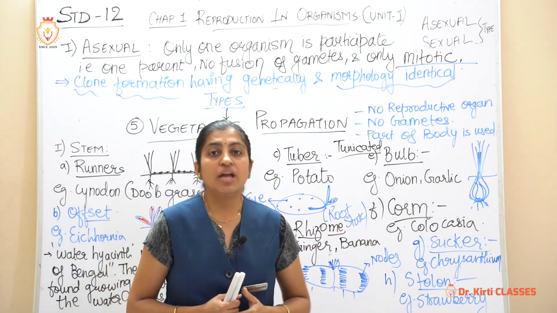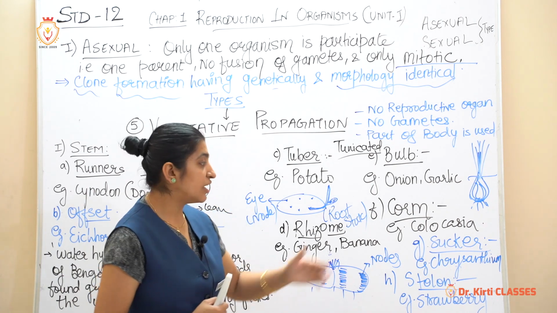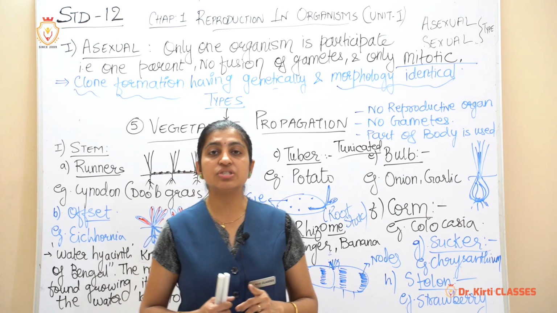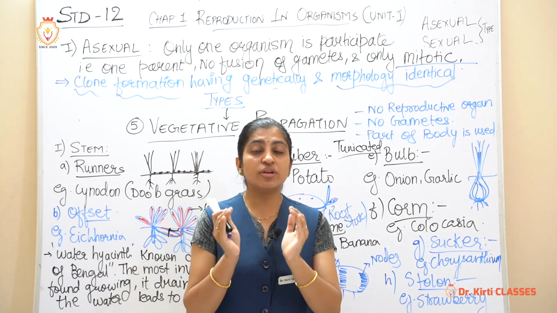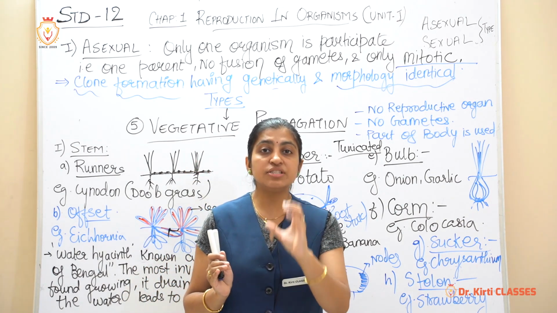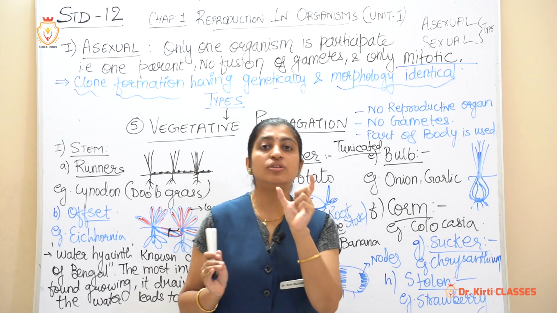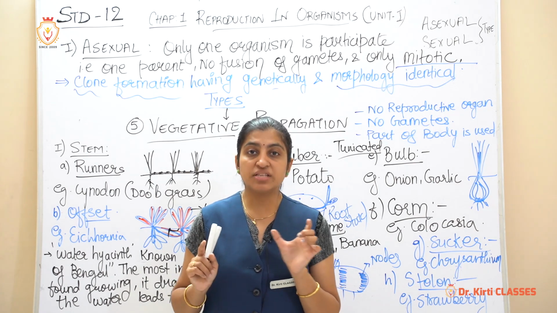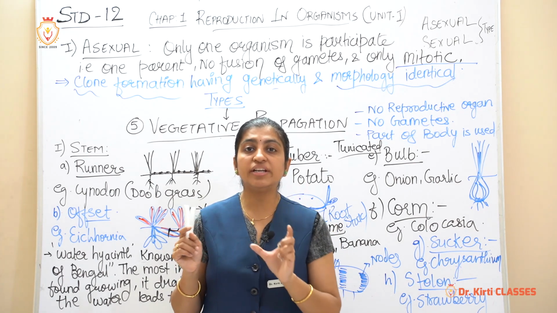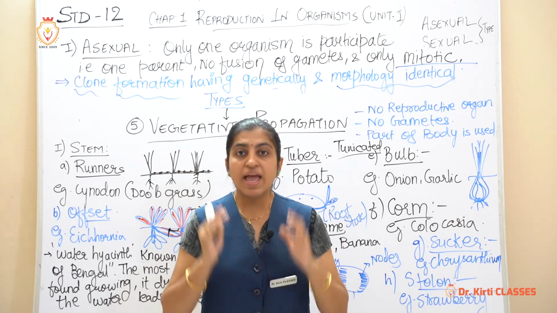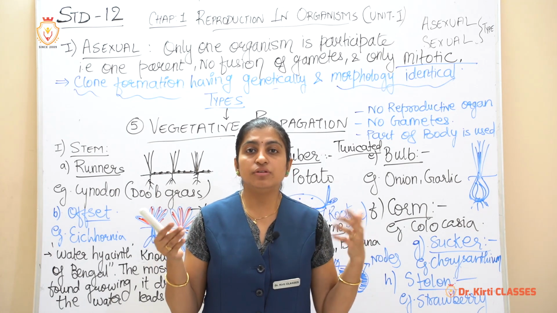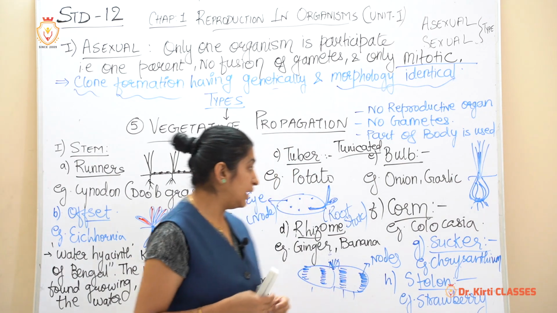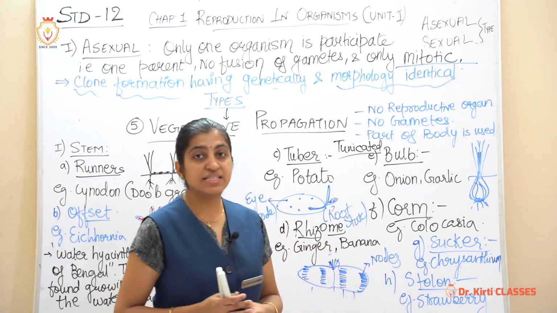Next, corm. Example is colocasia. If you remember, in a corm only one internode is there which is helpful for the storage of food. The whole vegetable stores food in one internode. The space between two nodes is known as the internode. Only in that one internode is the food stored, and as soon as the node, during favorable conditions, is ready, a new plant develops from there. Next, sucker.